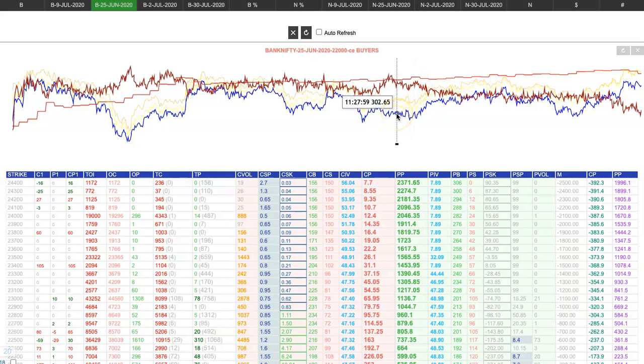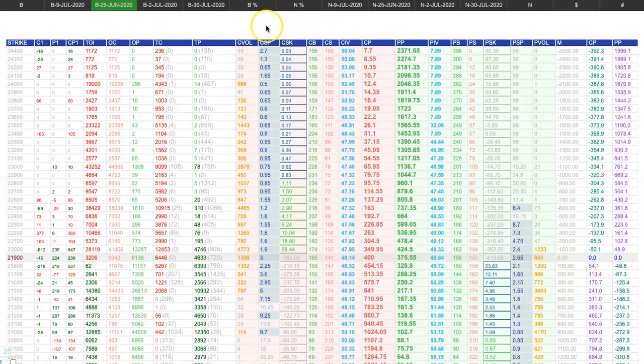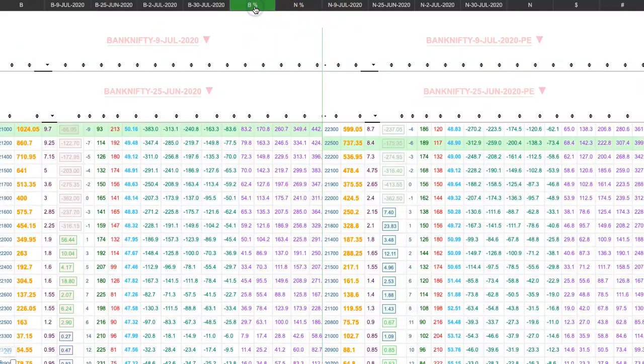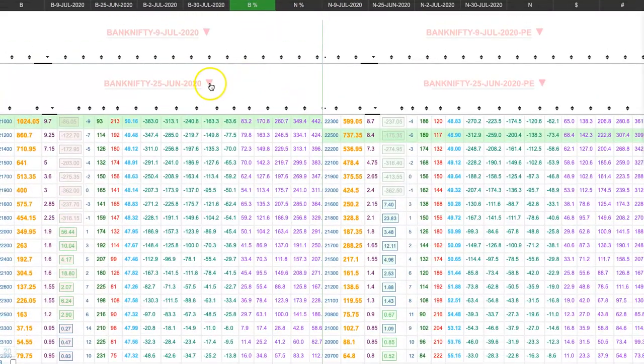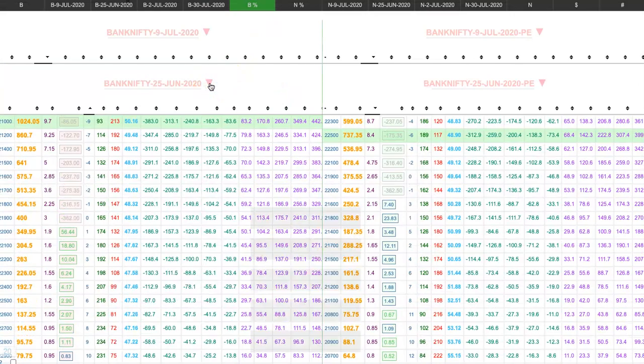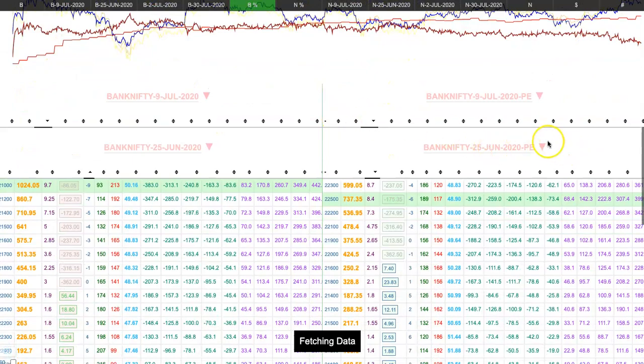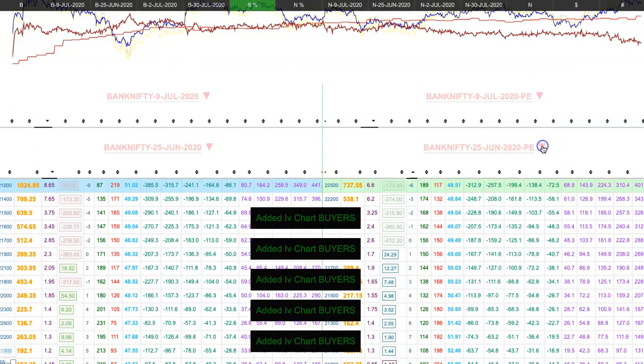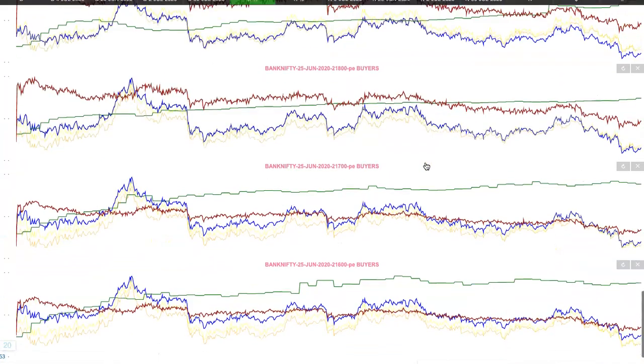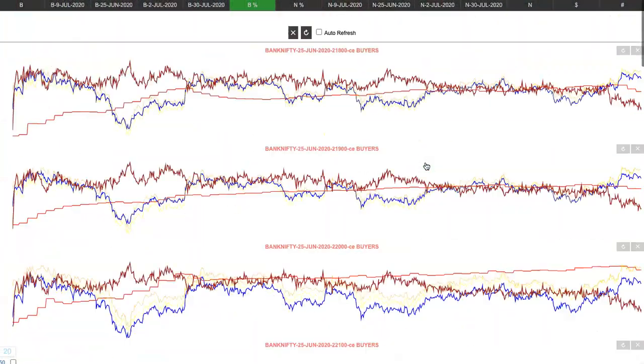The blue line is the option price of the 22,000 call option, and this light orange and red color is the spot and future price of Bank Nifty. If you want to open everything in bulk, you can click on the scanner and click on this arrow mark. This will open all the call option charts. If you click on put, it will open all the put option data.